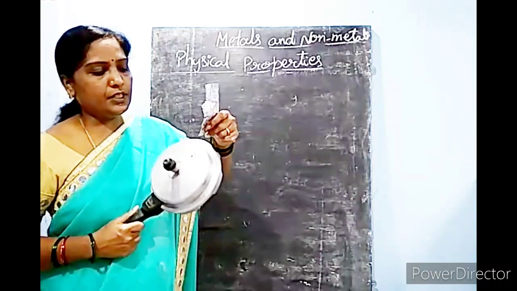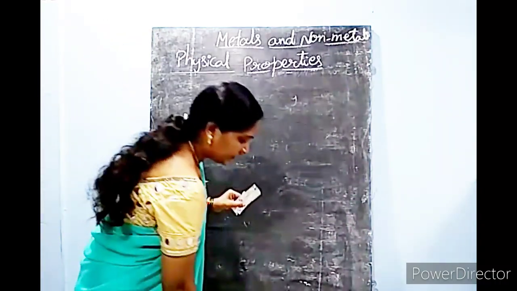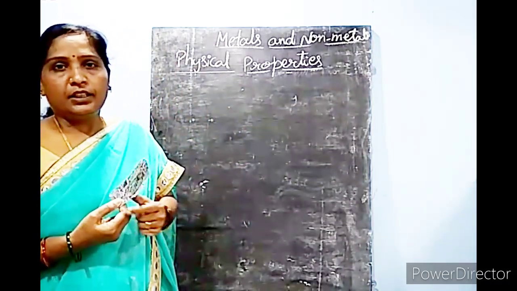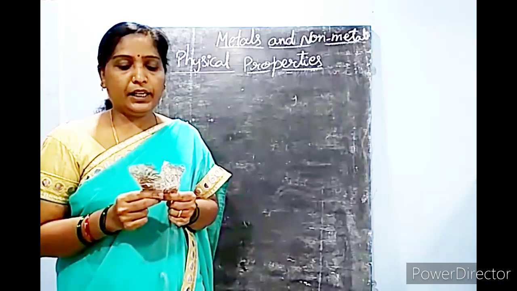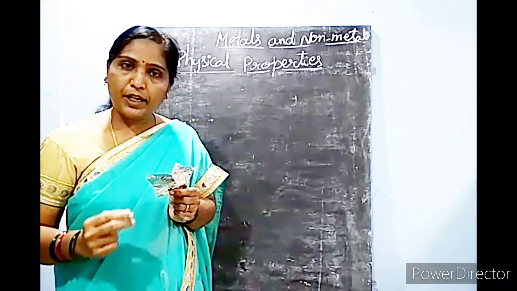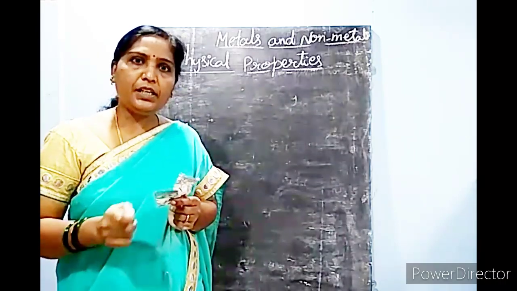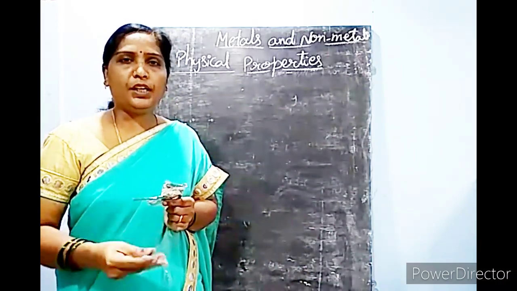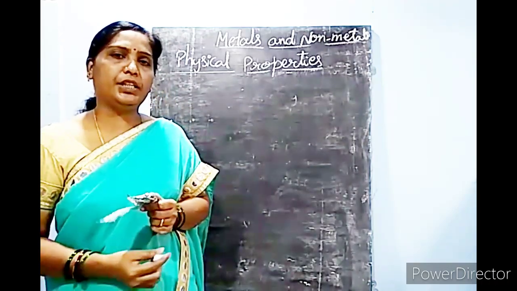Then what is the difference between this utensil and this foil? That means aluminium metal can be spread into thin sheets. By beating it, we can change its appearance into thin sheets.